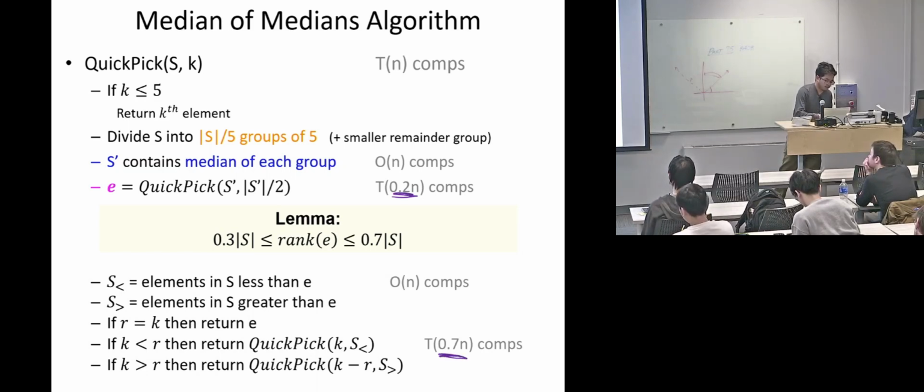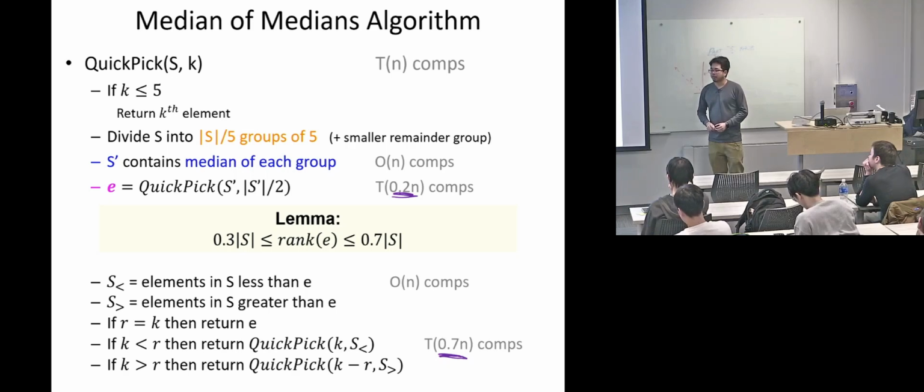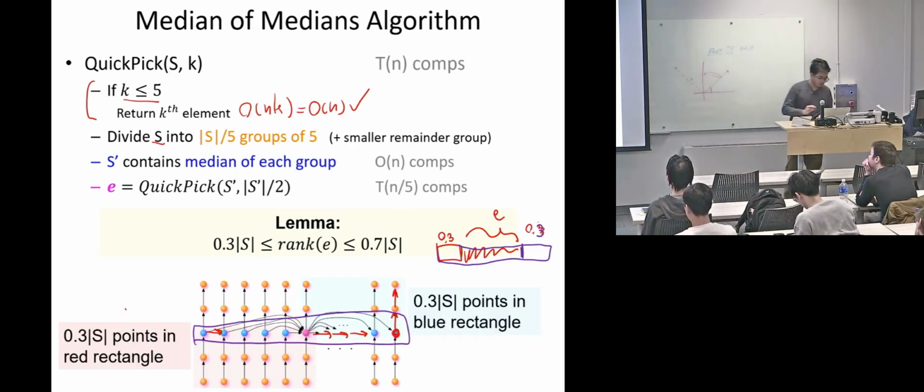And here we're going to recurse on a 0.7 fraction, because no matter what, when we recurse on both sides, we either throw this thing away or this thing away.